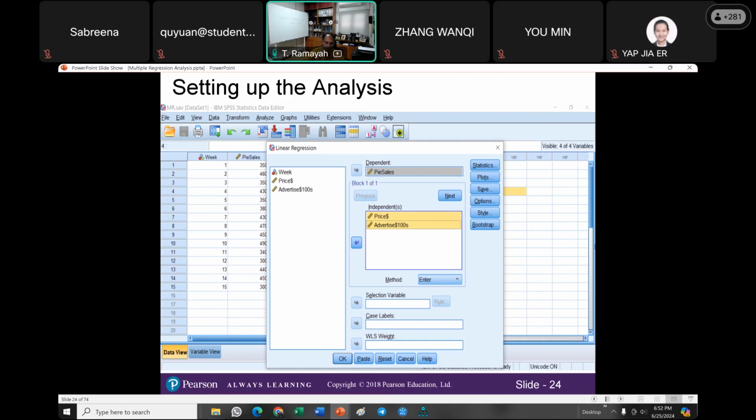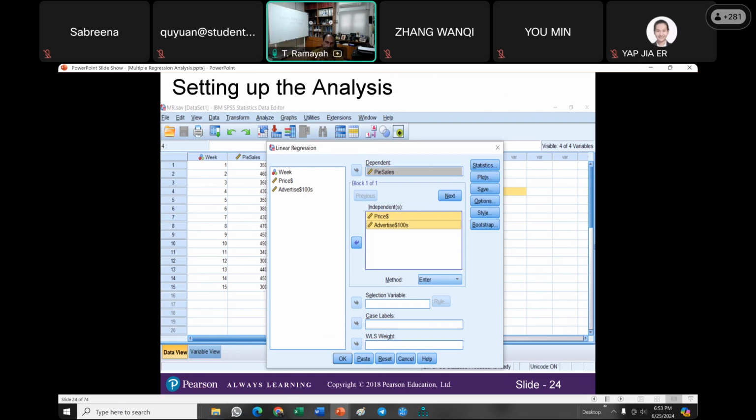So if you have A to B to C, you can only run A to B and then B to C. Hopefully you understand and get this into your minds. When you have 3 levels, you can only run from level 1 to the middle variable, and then the middle variable to the last variable. You need to run 2 regressions minimum. We are not going to do the analysis called mediation. Just run 2 regressions.